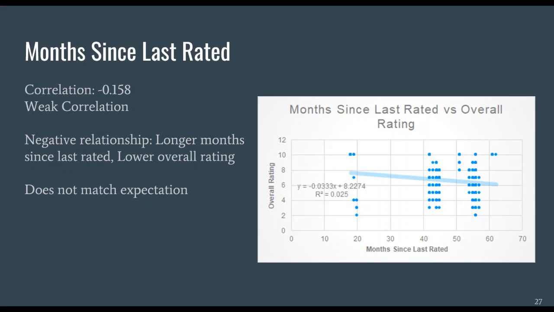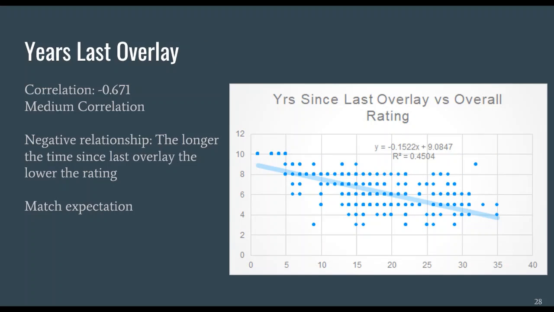For the month since last rated, it has a relatively weak correlation of negative 0.158, and it doesn't match our expectation, since we didn't expect any correlation between these two. And the year since last overlay matched our expectation, with a relatively strong correlation of around 0.671, which means the longer the time since last overlay, the lower the ratings.